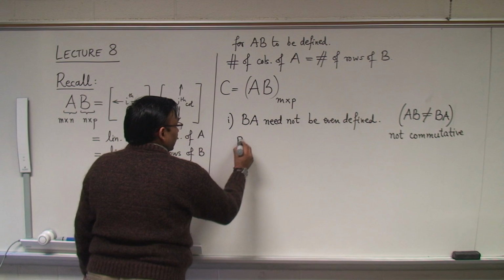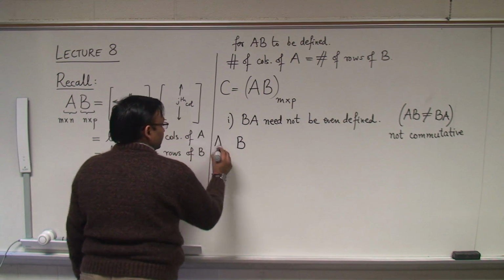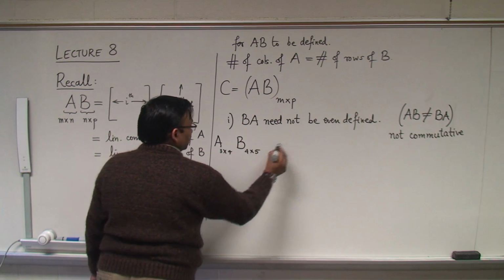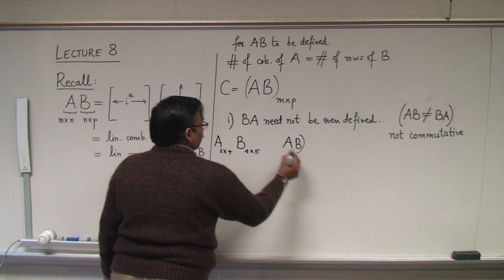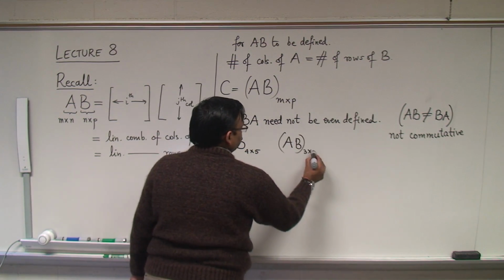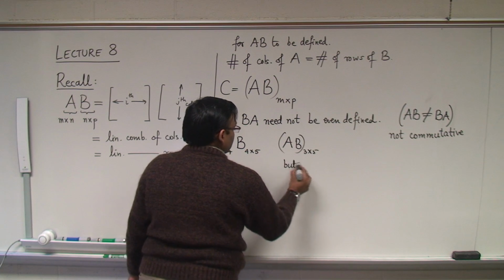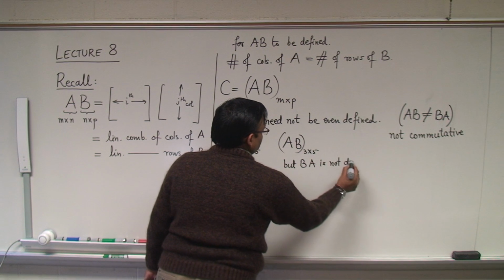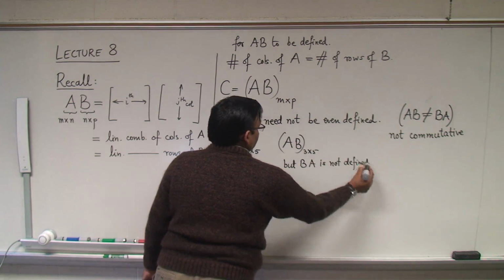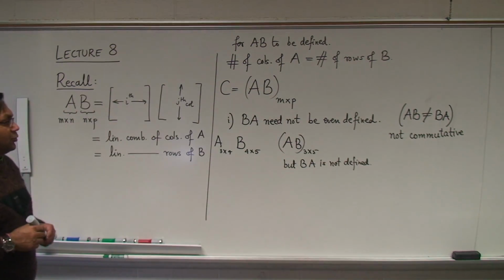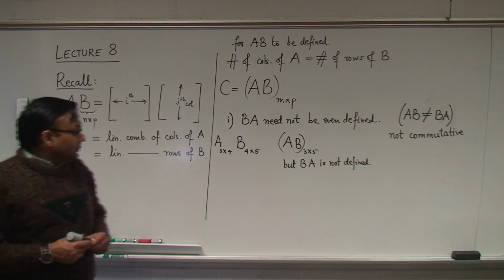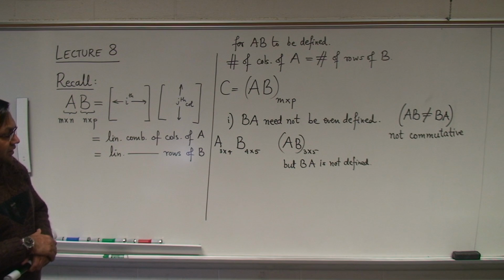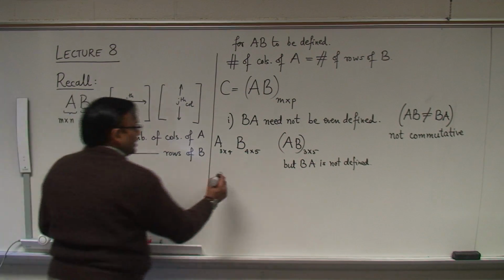So for example, when we have A as a 3 by 4 matrix and B as a 4 by 5 matrix, we know that AB would be of size 3 by 5, but B times A is not defined. So one can ask a question, could it be possible that when both AB and BA are defined, at least in terms of sizes, in that scenario AB can be equal to BA?